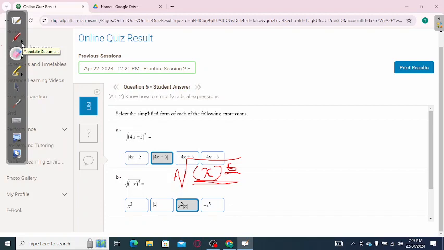Okay, I'm back. So they have to adhere to the fact of them being positive. Why? Because take negative x squared: negative x multiplied by negative x results in positive x squared, and negative and negative make a positive.